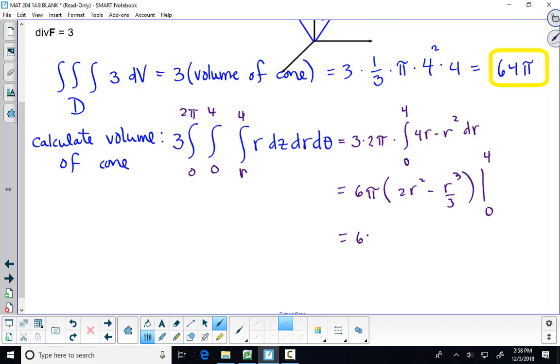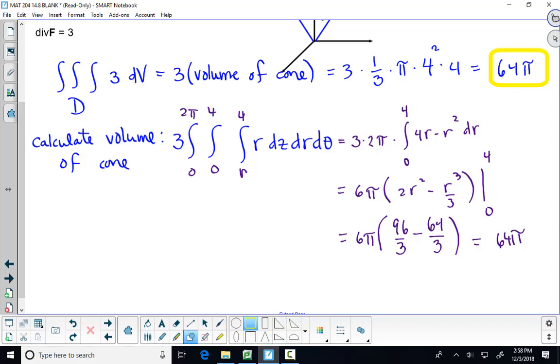All right, so we have 6 pi times 32, and if we change 32 to thirds, that's 96 thirds minus 64 thirds. That's going to be 32 thirds, and we multiply by 6, which is 64 pi. All right, so that worked.